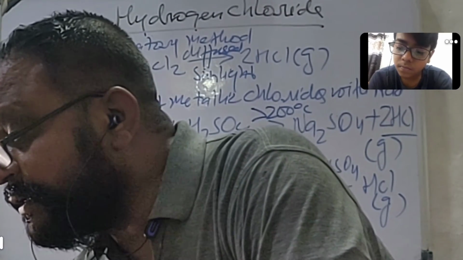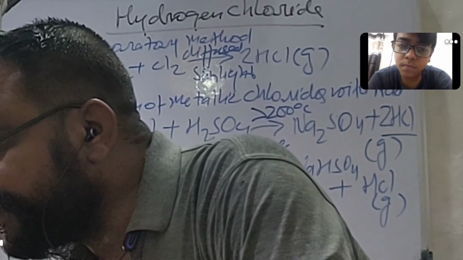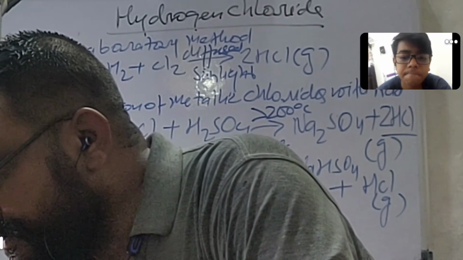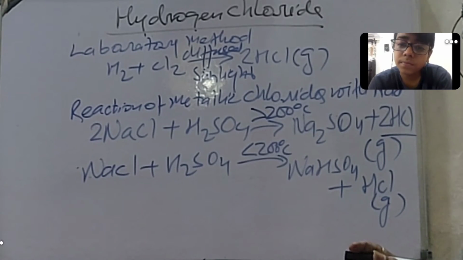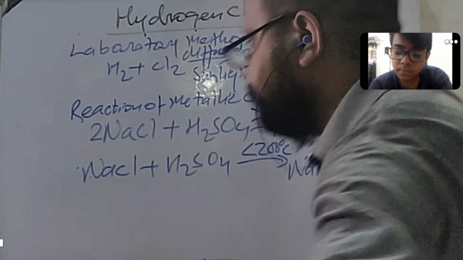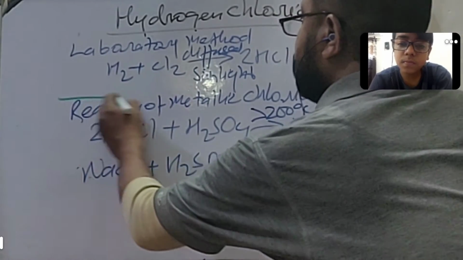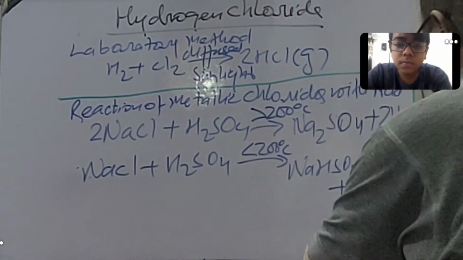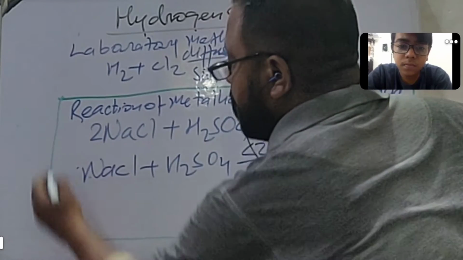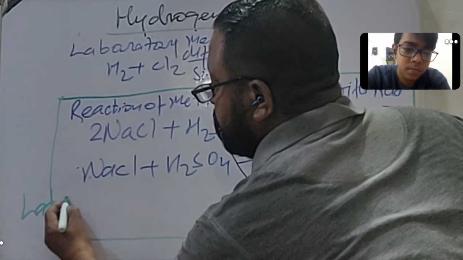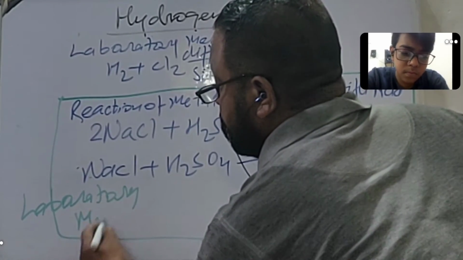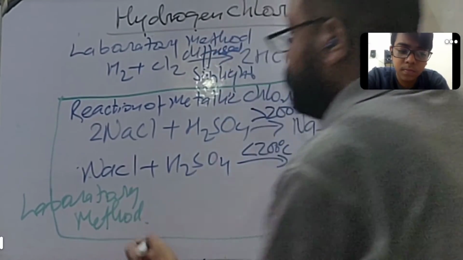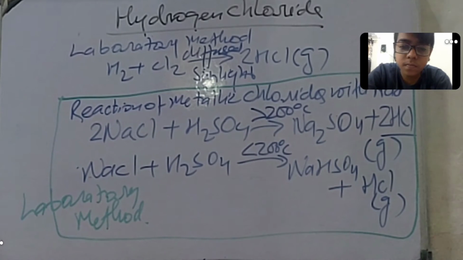This is what we have, but this is not the laboratory method. This method is the laboratory method for preparation of hydrogen chloride gas, right?